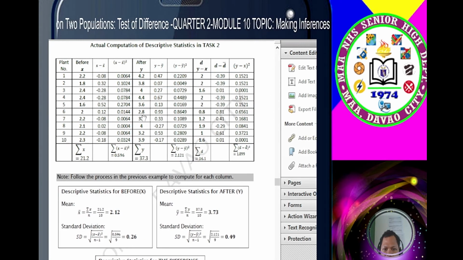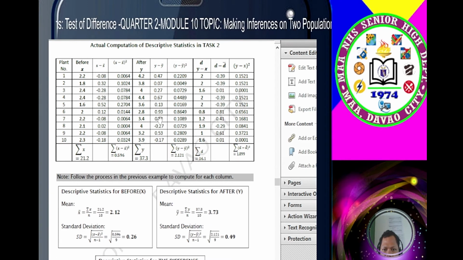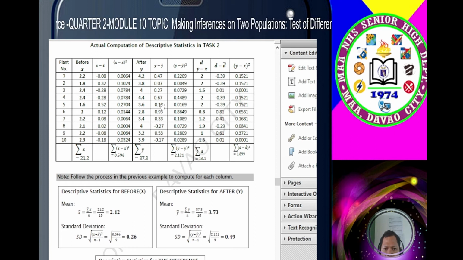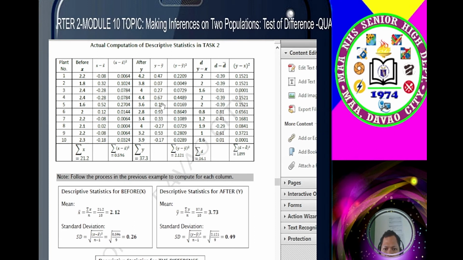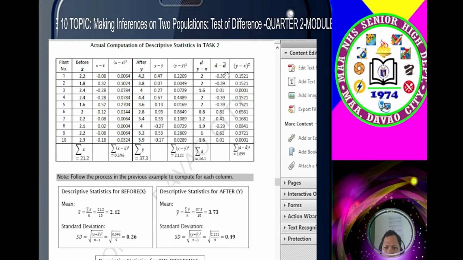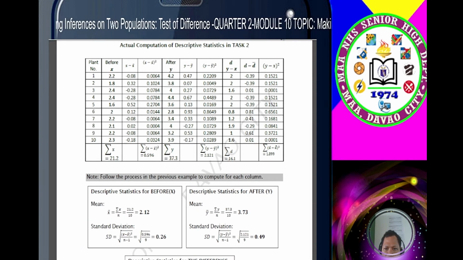Then the same procedure. So here, this is negative, negative. I'll just check. So this is negative. I'll just edit.